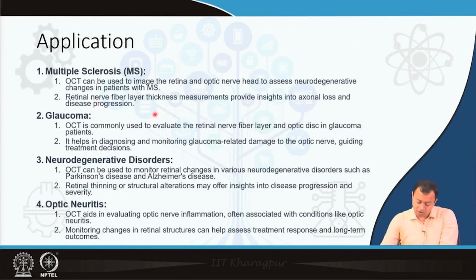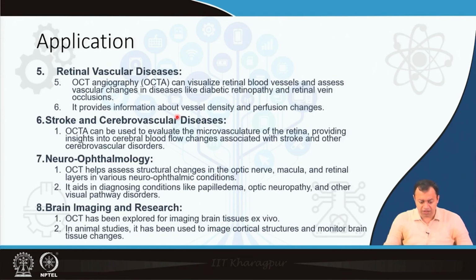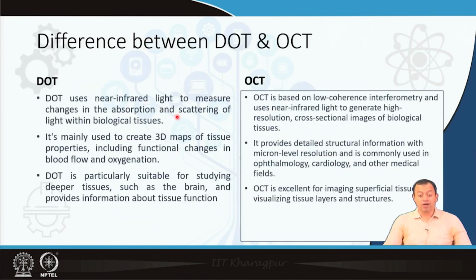OCT also has several applications in glaucoma, retinal detection, neurodegenerative diseases, optic neuritis, multiple sclerosis, MS. These are several other applications which I have given for you to read in your own spare time. But what is the difference between DOT and OCT?